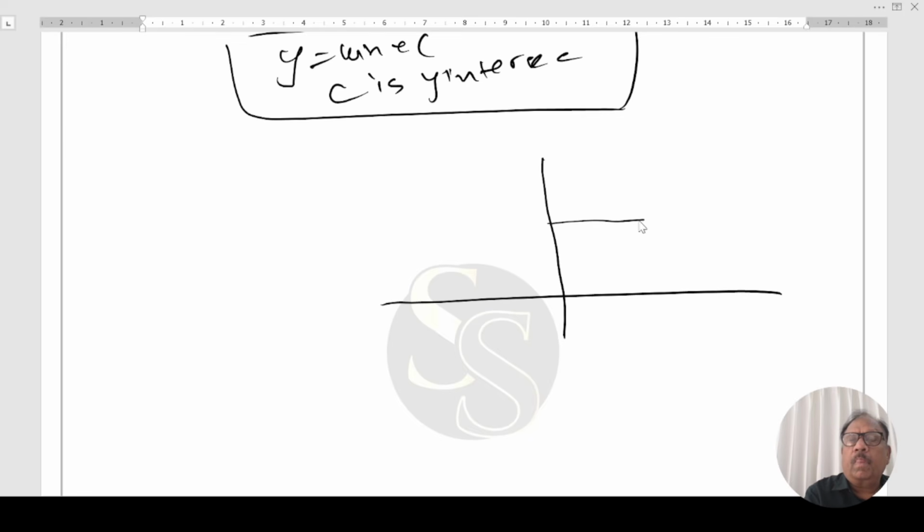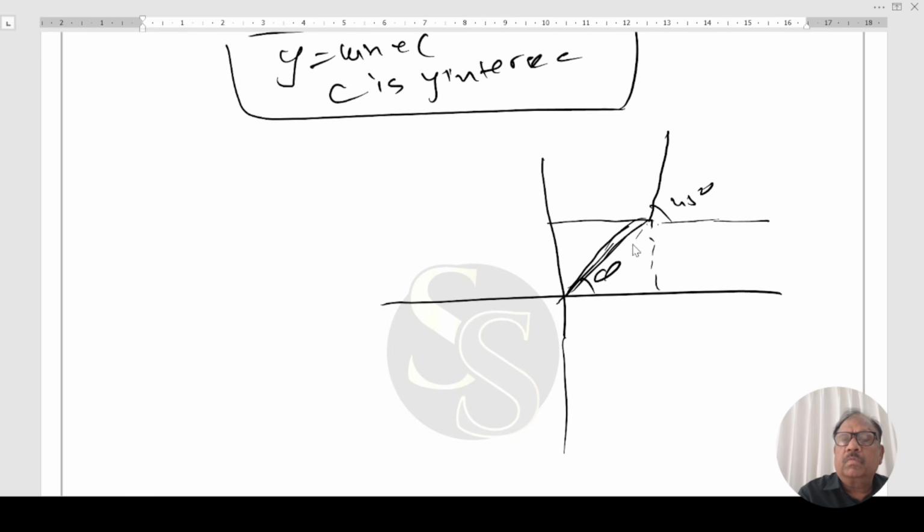If we extend it further, this will become minus 5. This is 7.5, this is 2.5 meter per second square.